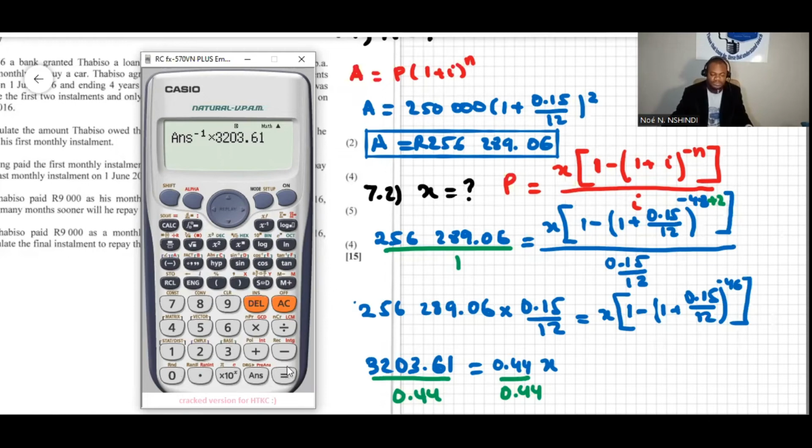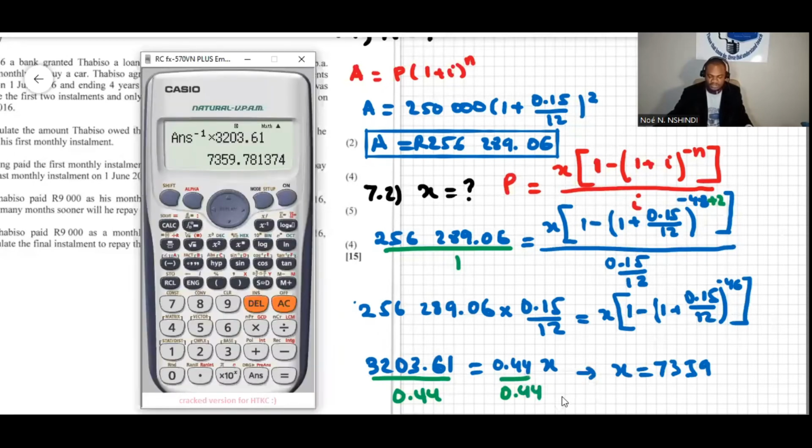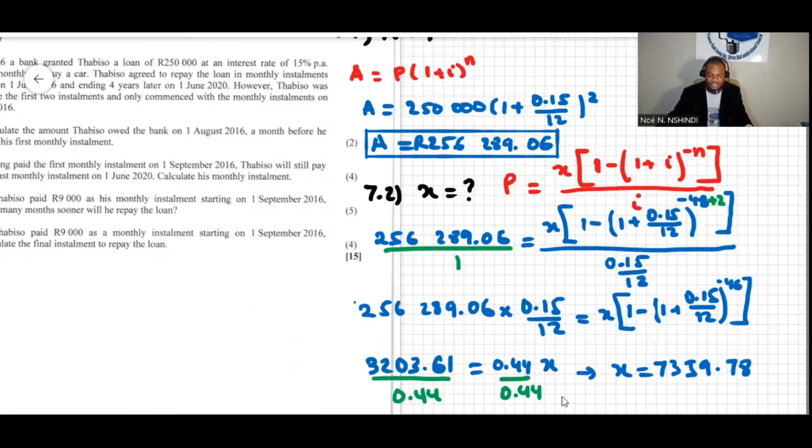When we hit equal, I believe this is correct because the formula is correct, and the calculation also. So this is 7359. Therefore x will be 7359.78. So its monthly installment will be this much.